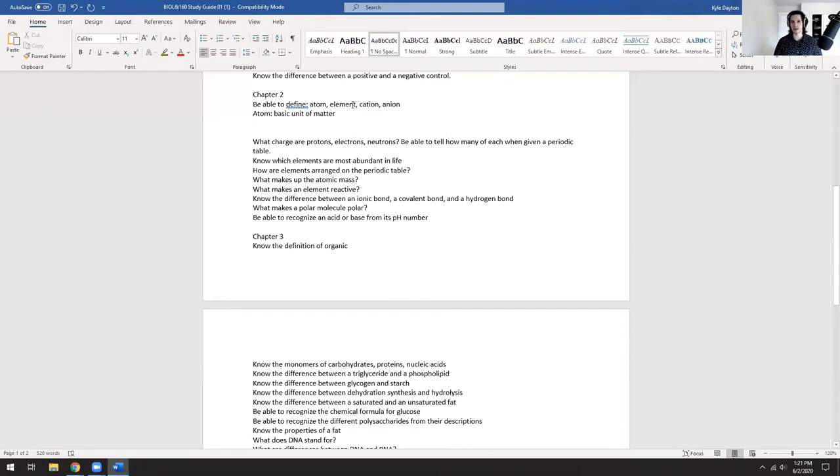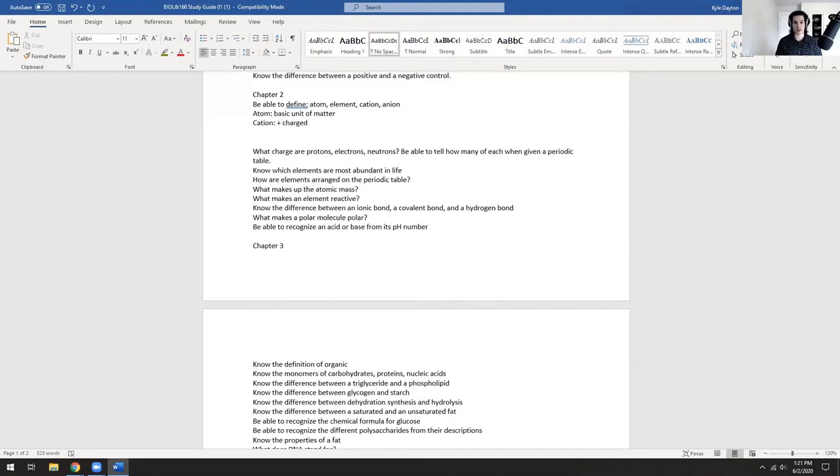An element is a substance with only one type of atom. And a cation, remember, is positively charged, because cats are positive things. And an anion is negatively charged, because they're not cats.